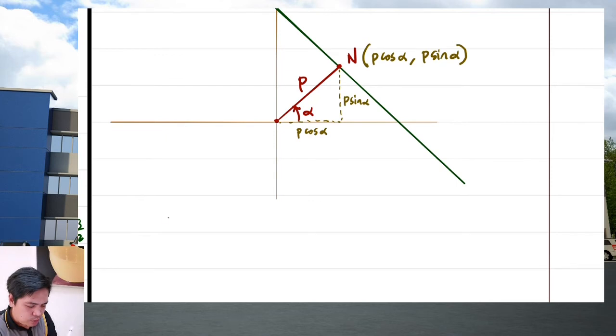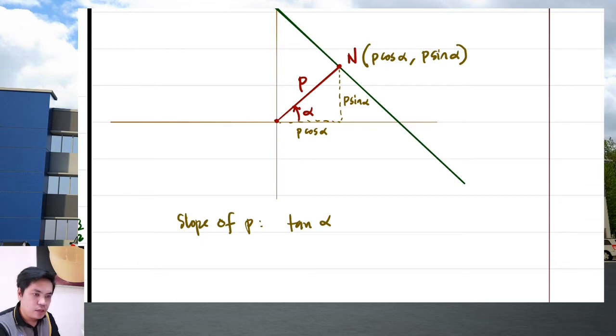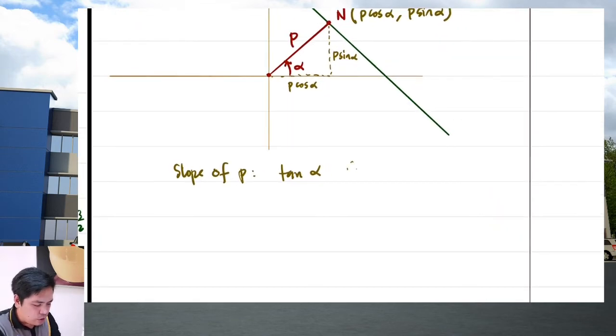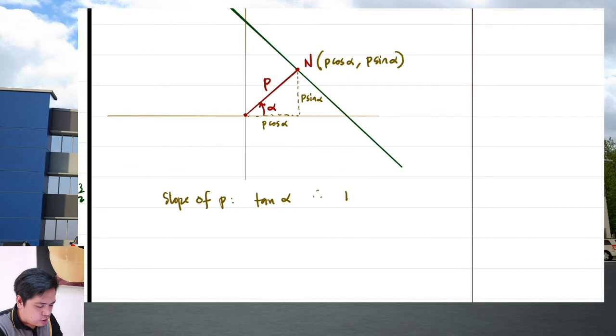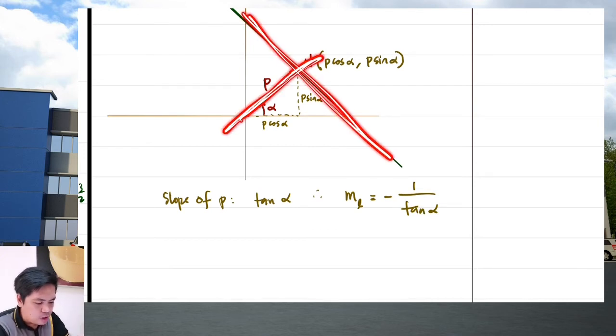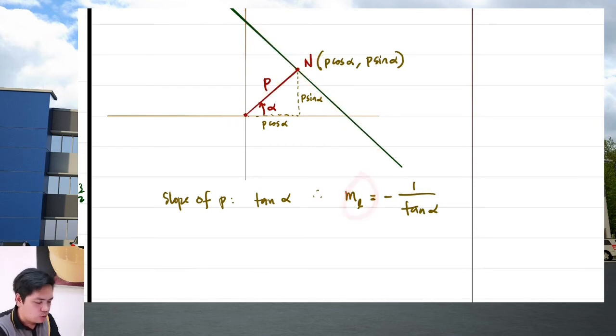So, slope of P is tangent alpha. Ayun. So, therefore, the slope of line L should be negative 1 over tangent alpha because they are perpendicular. So, negative reciprocal ang slope ng line.